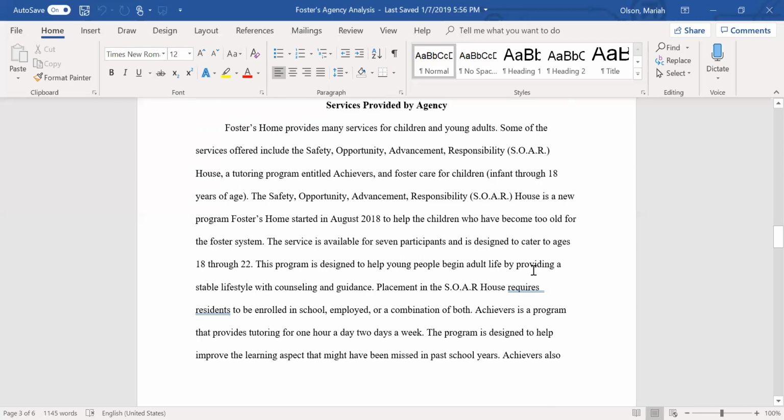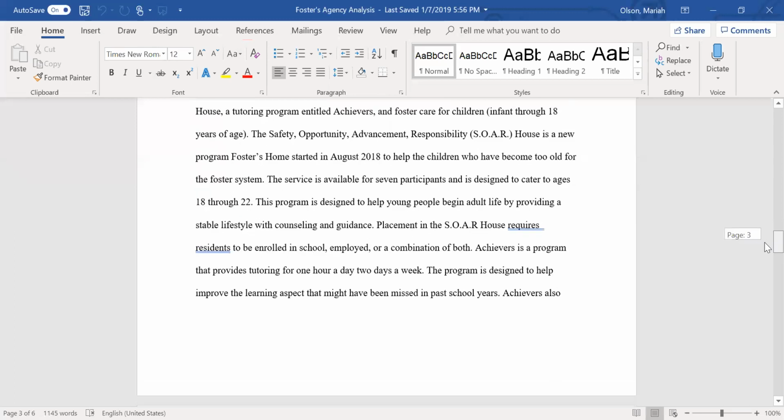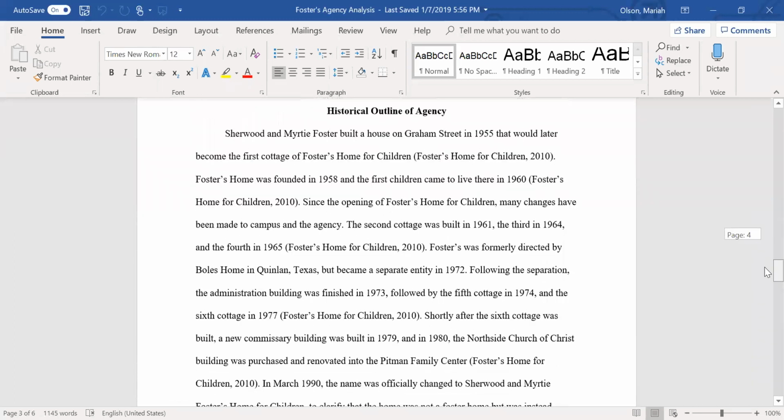Make sure that if a person that didn't know your agency were to read this section, they would know exactly what your agency does and the services it provides for its clients. So we talk about the SOAR House, which is for youth that have aged out of foster care. Then we talk about Achievers, which is the tutoring program. And then foster care for children, infant through 18 years of age, which is all that the agency provides for its clients.